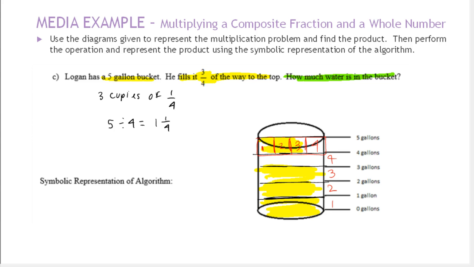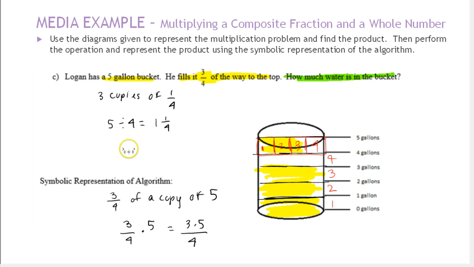Okay, so now let's write this as the algorithm. We want to take 3/4 of a copy of 5. We're going to multiply 3/4 times 5. That's 3 times 5 over 4. Again, there's our 5 gallons.